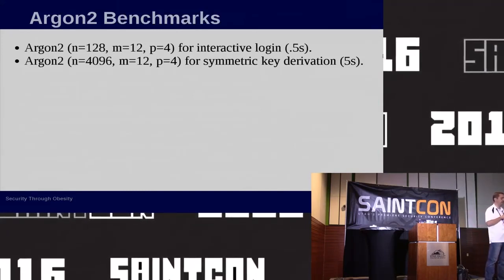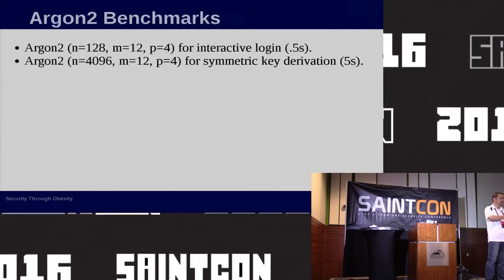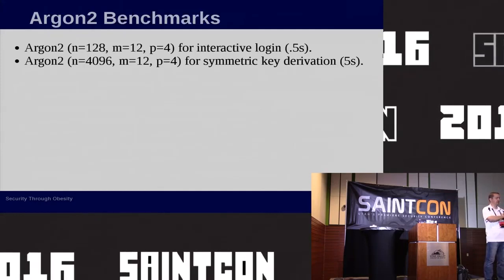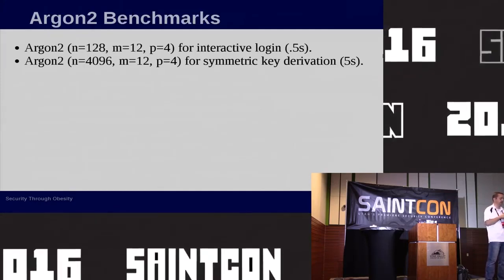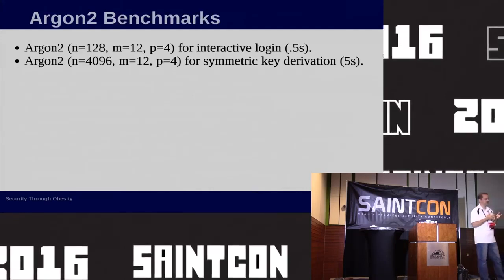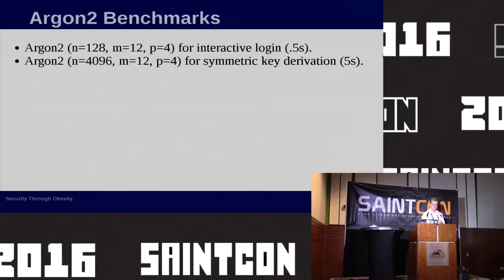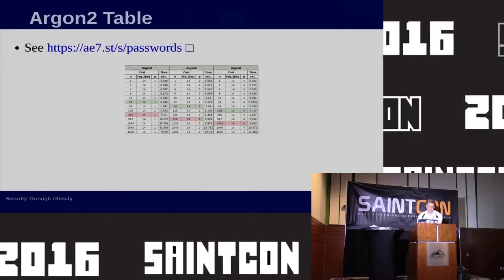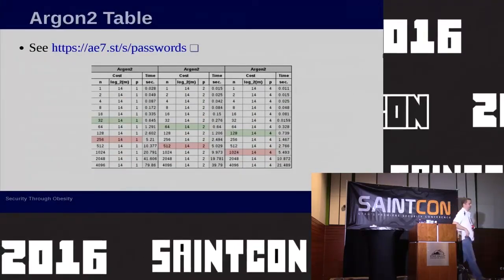I saw that for a CPU cost of 128 iterations, a memory cost of 12 using 4 processes, I was at about half a second for an interactive login. Or if I tweaked the CPU up to 4096, then I hit 5 seconds for symmetric key derivation.